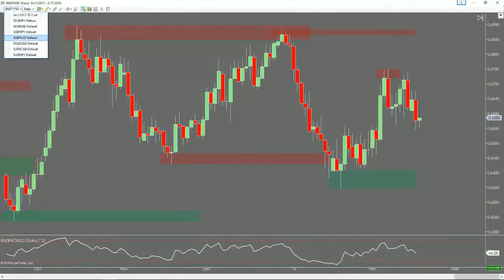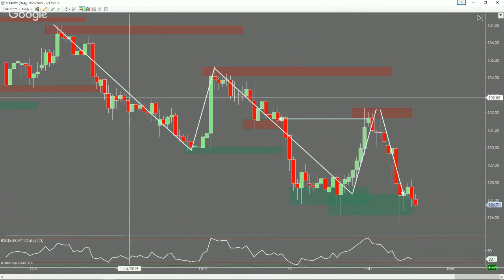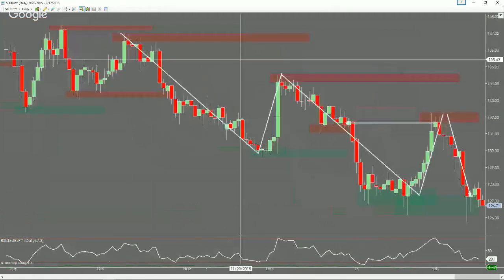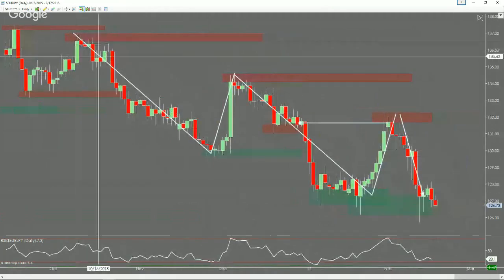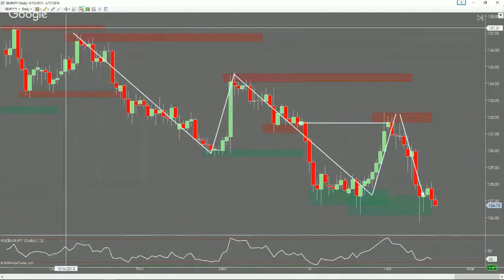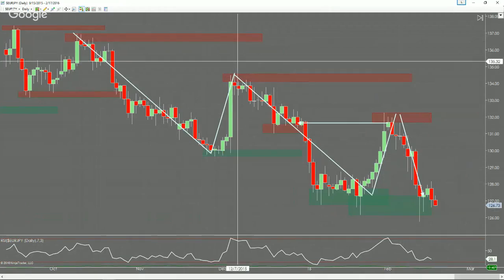So next one is Euro yen. Okay, Euro yen. All right, on the daily, if you saw last week's, we did identify this move right here, the harmonic move, which is an equal measure move. These two are equal, and also had equal retracements.